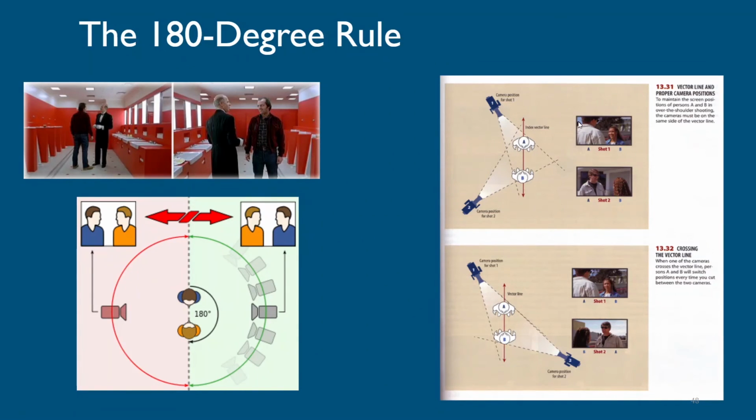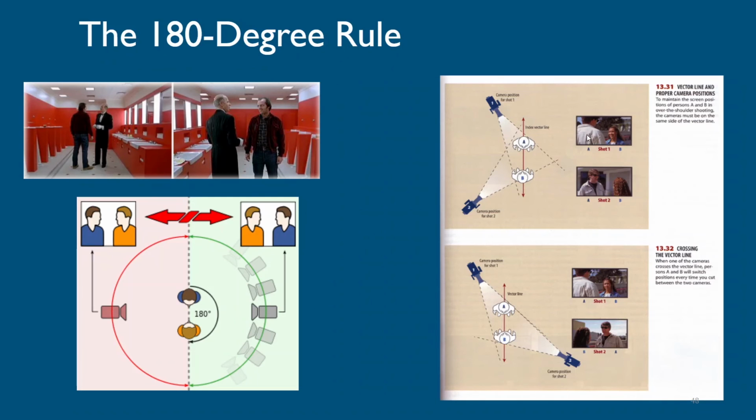Look over here. We have a little bit clearer example. So we have the line, and we have camera one, which is shooting this OTS, this over the shoulder, and camera two, getting the reverse angle. So we can see this gentleman here is on the left side of the frame here, and he's on the left side of the frame here.